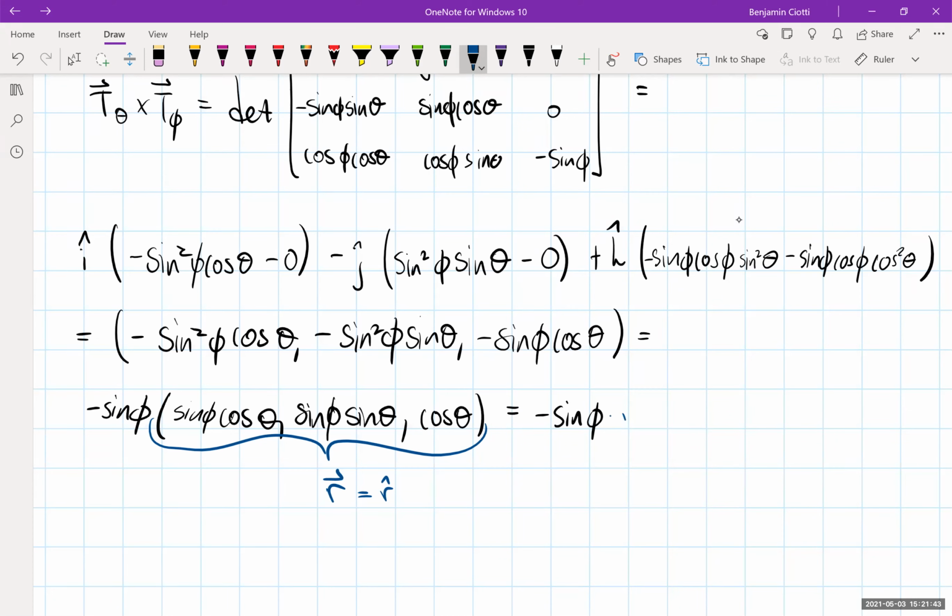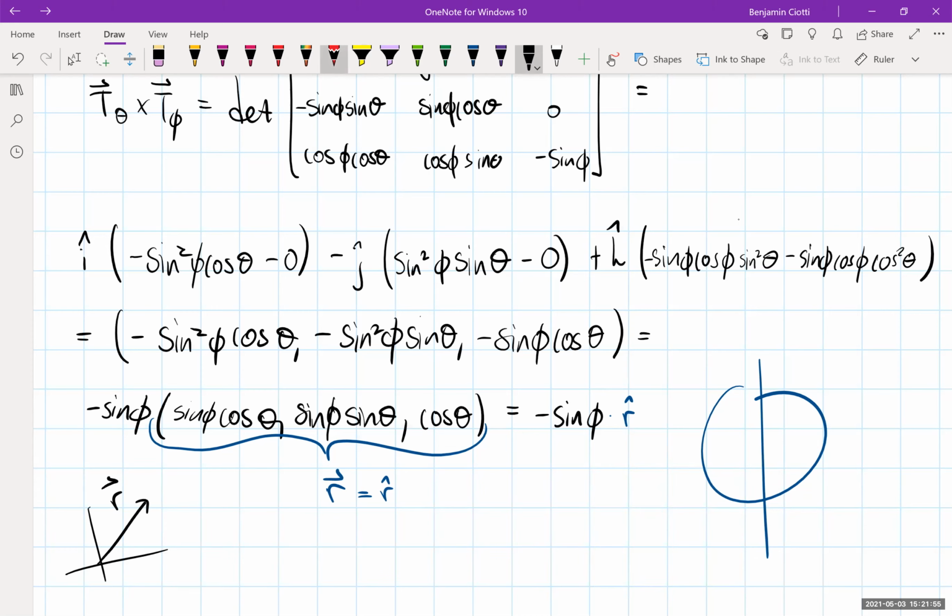So it's a sine phi times r hat. In general, if this is your position r, then r hat is the vector in the same direction of length 1, and on the sphere, it's just the same as your position.